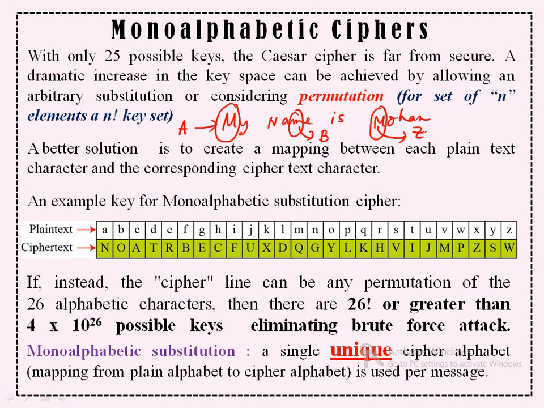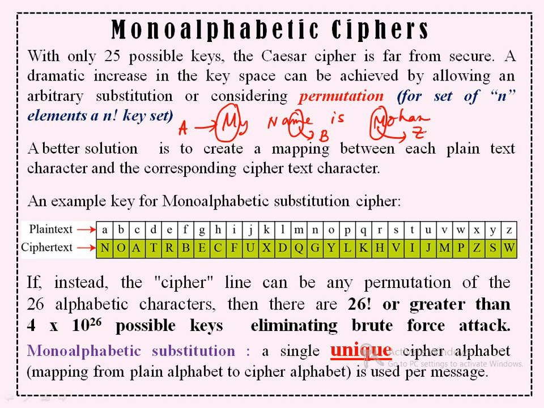You might be lucky, that's a different issue. But if you are not, your process is such that you are searching each and every time. It's not possible to try 4 into 10 to the power 26 keys to decipher a message. That's the logic. Right? So the arrangement that you are looking at is not the only arrangement. It can be many others as well. It's not that A will always be mapped to N or B mapped to O. It can be different.